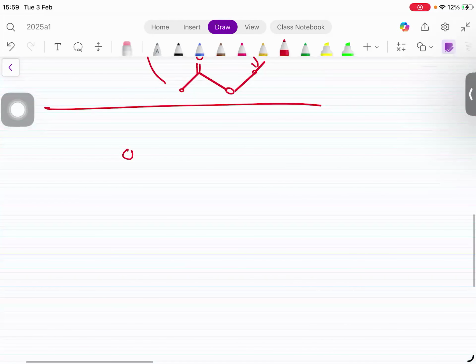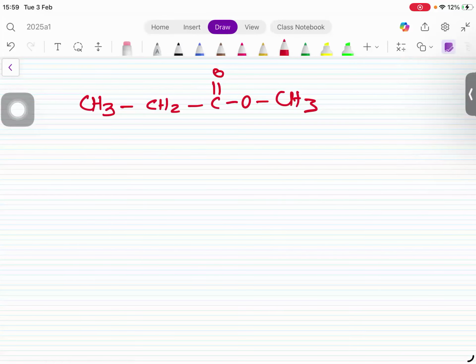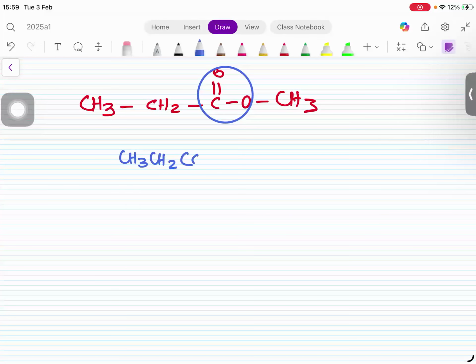Okay, next. That's how the ester works. One thing which I would like you to understand: I have this ester, look at this. I can write it like this: CH3, CH2, and then these two oxygens I can write CO2 and then CH3. So you will see the ester written as CO2.